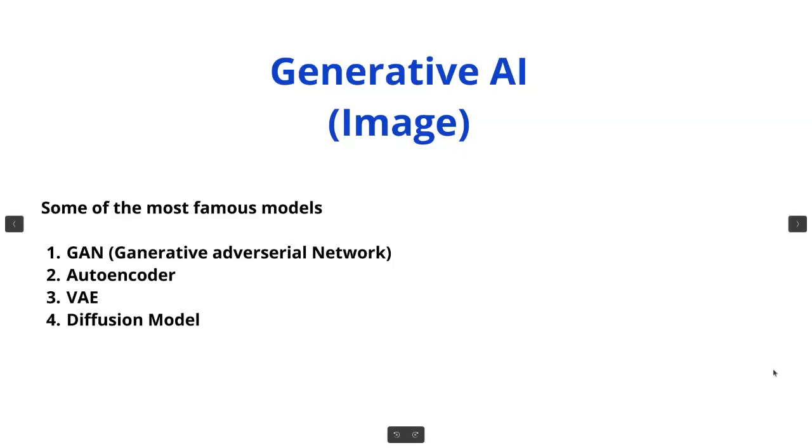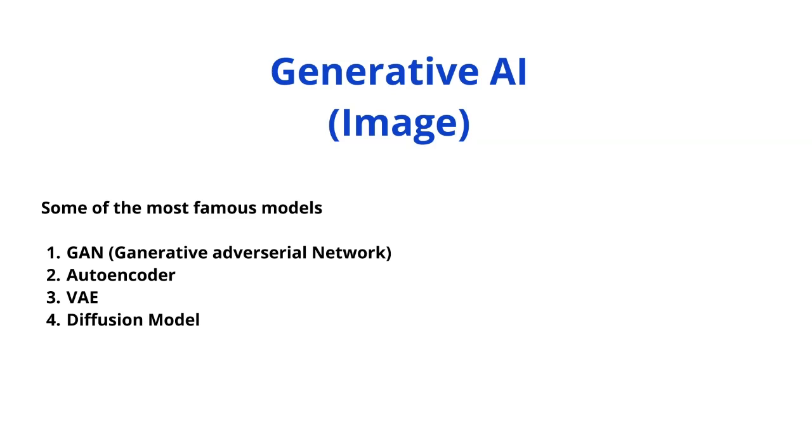Welcome back to our new and most exciting and lovable lecture in this course, which is the generative AI section. As you know, the generative AI wave has skyrocketed nowadays, and lots of tools are coming out like ChatGPT, Stable Diffusion and Midjourney.